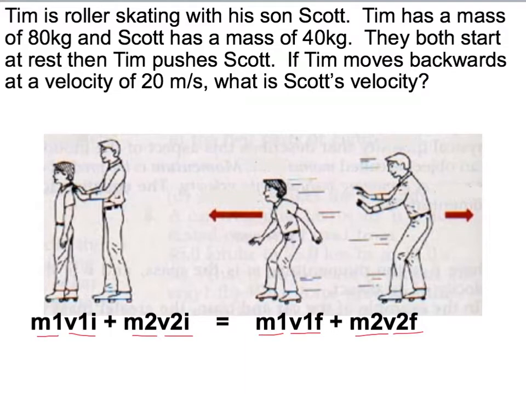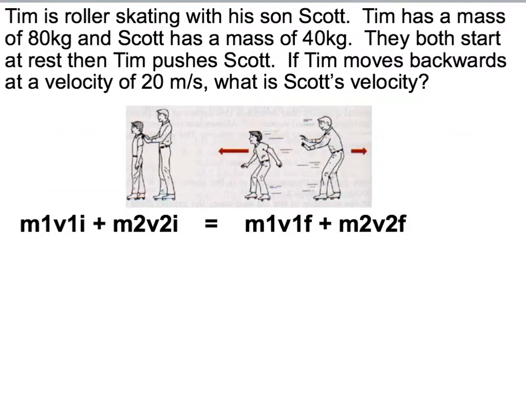Let's put it to work with this problem. I'm going to give us some more space. There we go. So, let's start underlining some stuff in this problem that we can use. It says that Tim has a mass of 80 kilograms. And Scott has a mass of 40 kilograms.